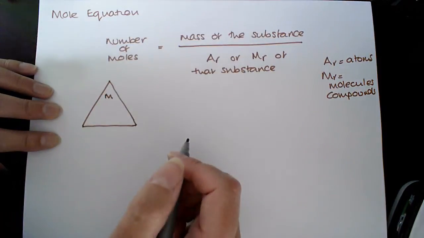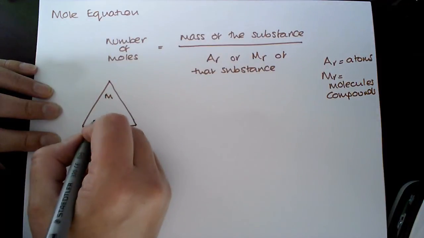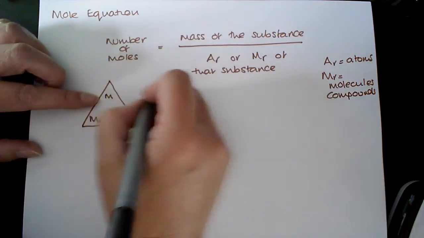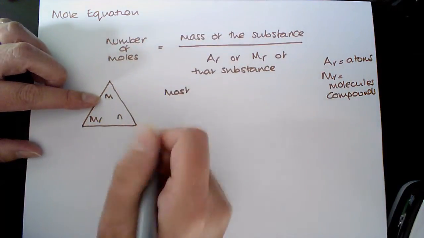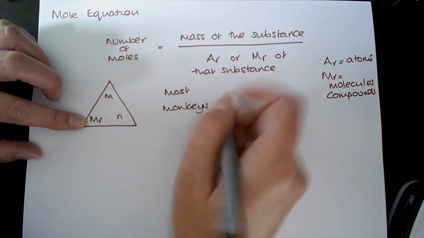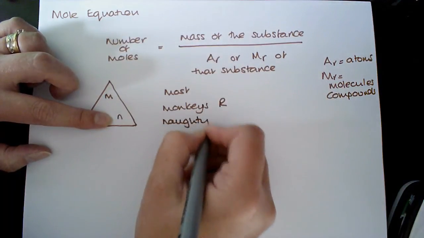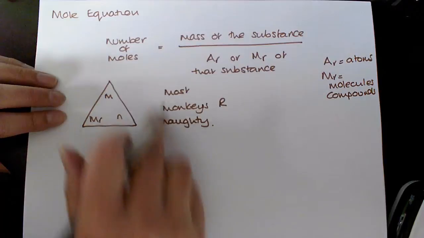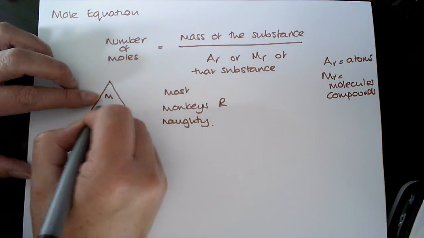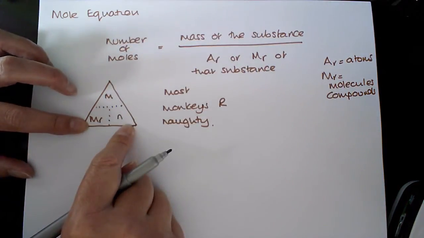And we start off with M, MR and N. And our mnemonic that we use is most monkeys are naughty. And it's just a way of remembering the order that we actually write these in the triangle. So anything at the top means that there's got to be a divide, and anything at the bottom is multiplied together.